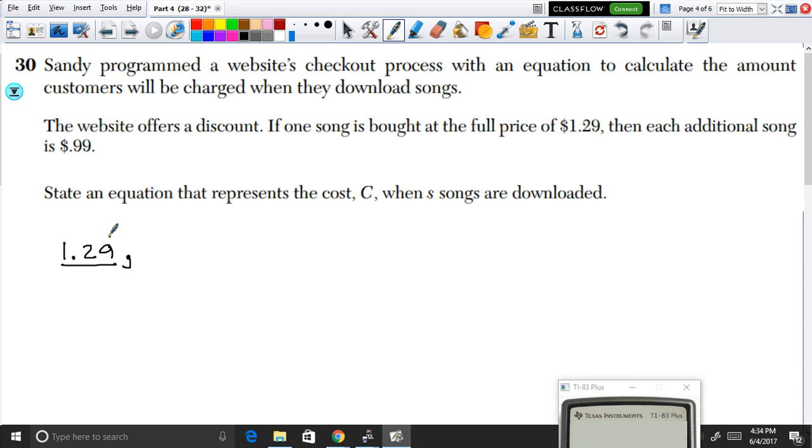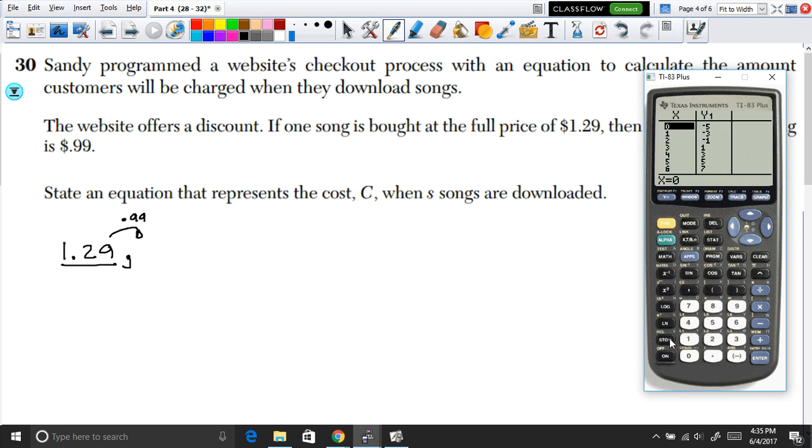So it's going to be $1.29 plus the $0.99, the price of any additional song. So now we're going to have 1.29 plus 0.99. Notice that your cost now is going to be 2.28.